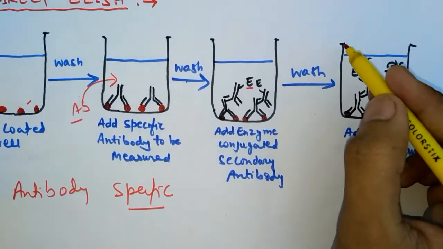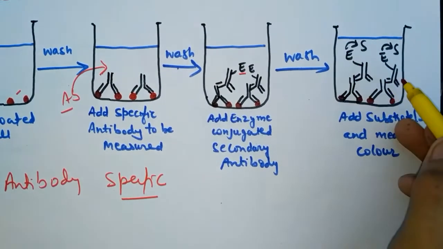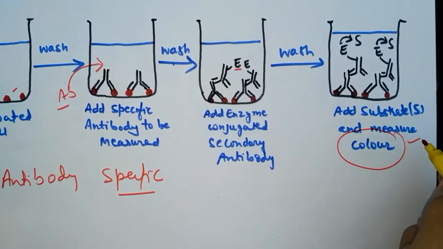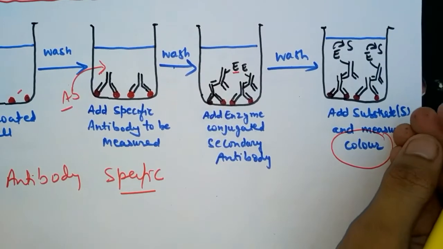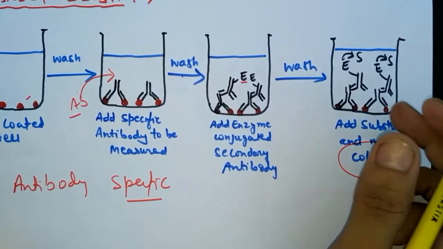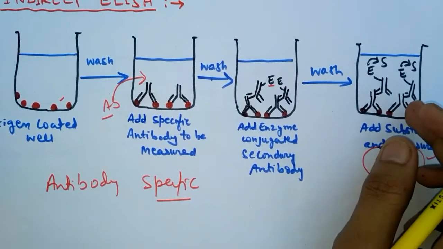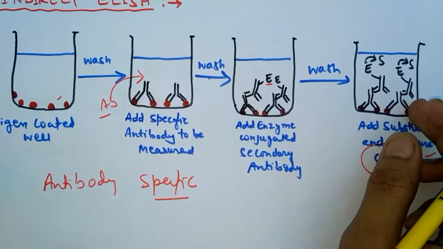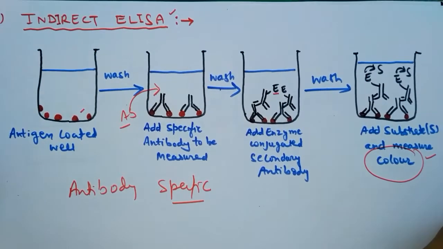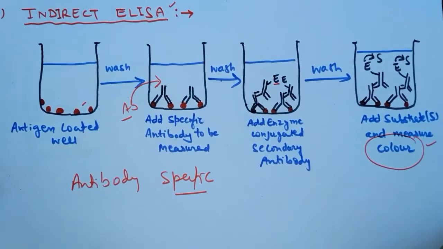Then we add a substrate that upon reaction with the enzyme produces a color, and the color produced identifies the antibody we have isolated. If there is no color produced, there will be no antibody in the serum, and we can detect presence or absence of the infection with this color producing mechanism.